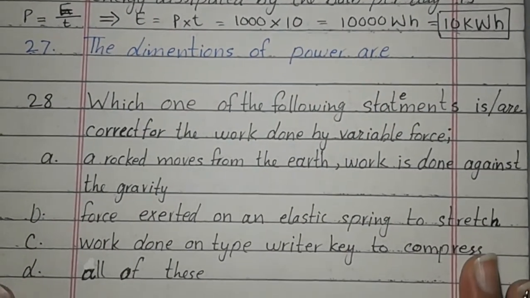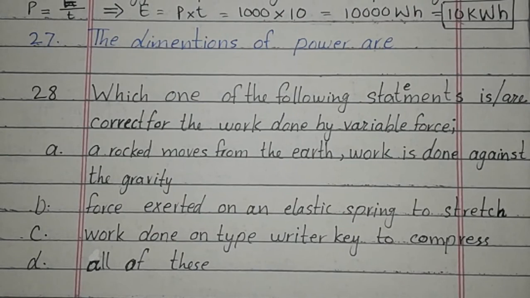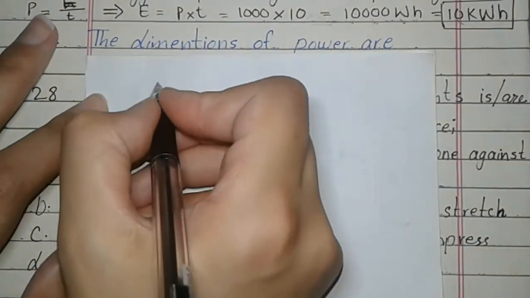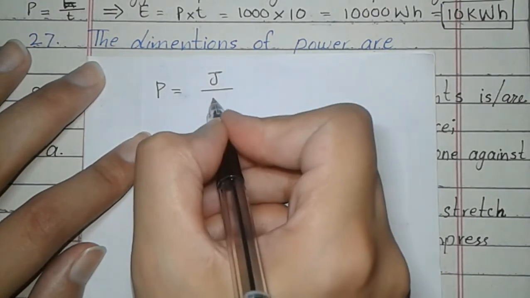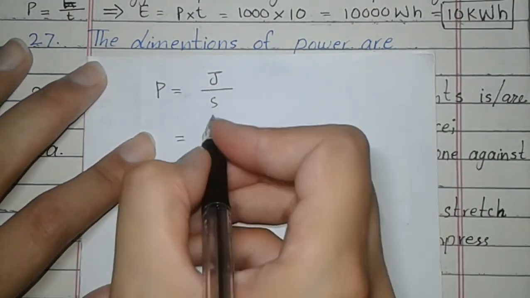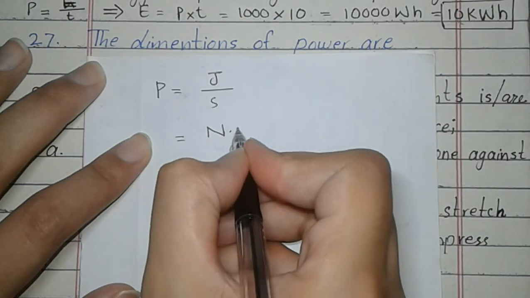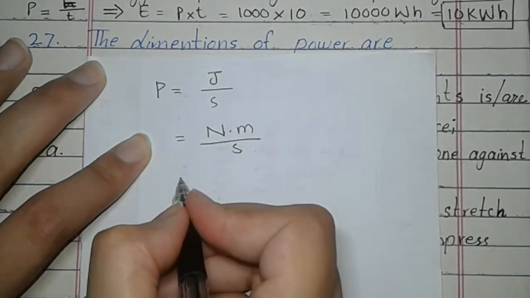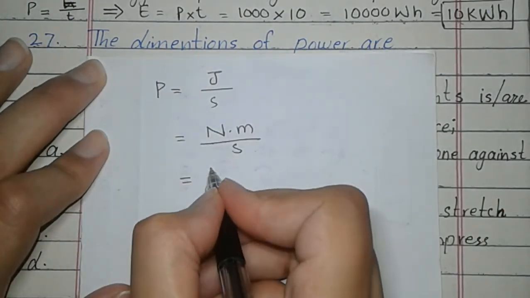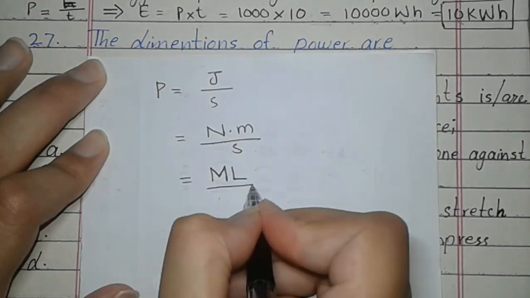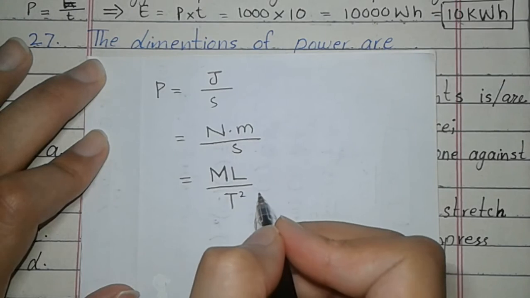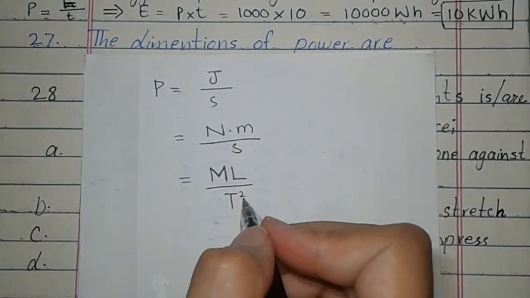Next one: the dimension of power. Let's find the dimension. Here we know that power is equal to joule divided by second, and joule is equal to Newton into meter. Newton is equal to kilogram meter per second square, where kilogram means mass.